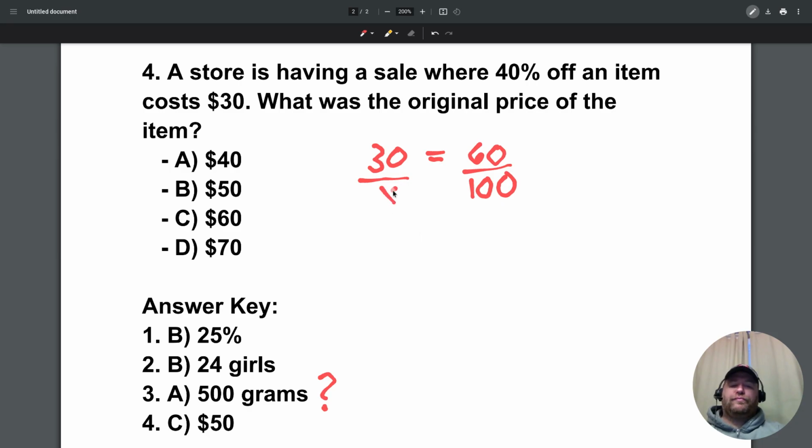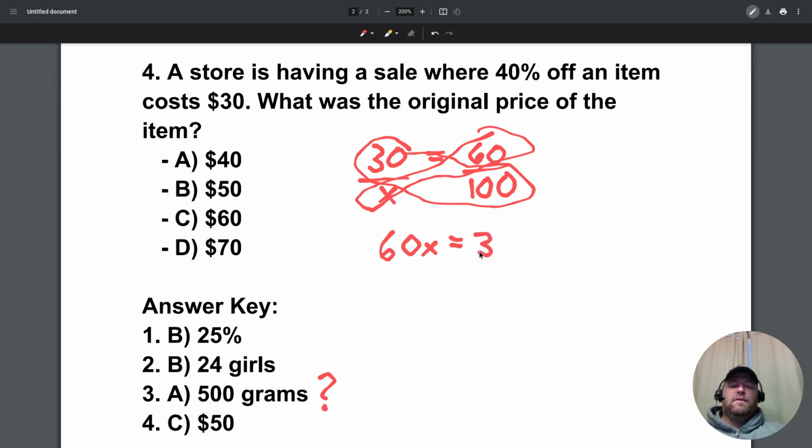Okay, so 30 over X equals 40% off, which is 60% of the total, over 100% of the price. So if we do our cross multiplication again, whoops, we get 60X equals, then we do 30 times 100. That's 3 times 1 is 3, and then we have 1, 2, 3 zeros after it.